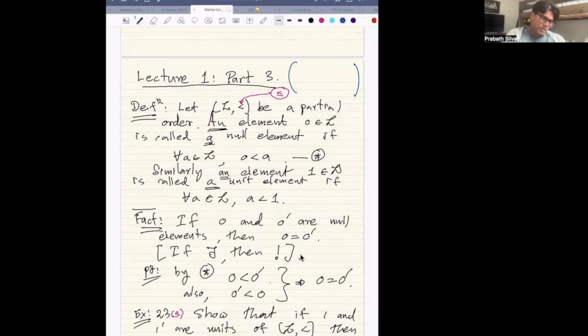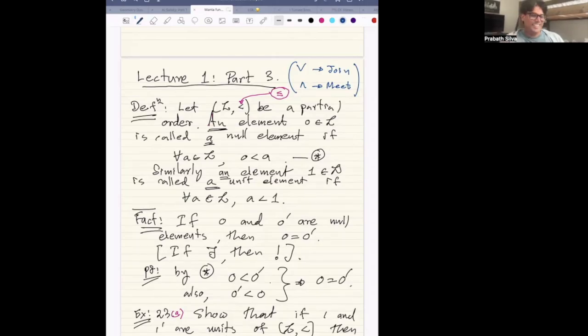We have this guy, the join, and this guy called the meet. Okay, so this is the join, and that's the meet. We don't use these words much, because I am really not doing lattice theory.